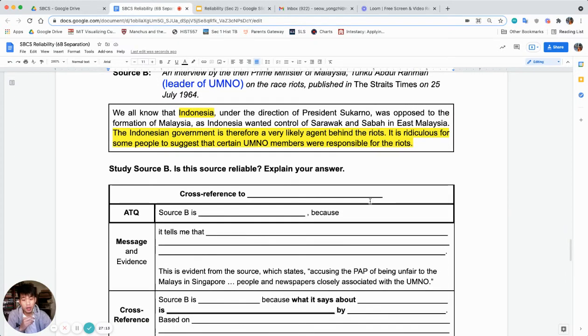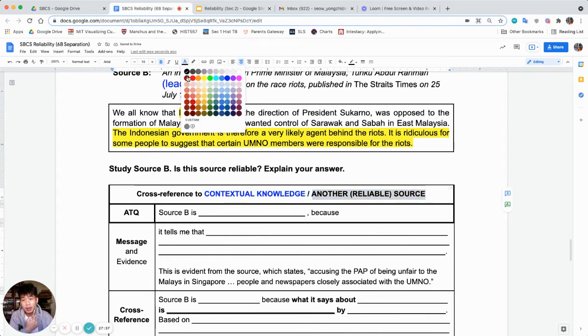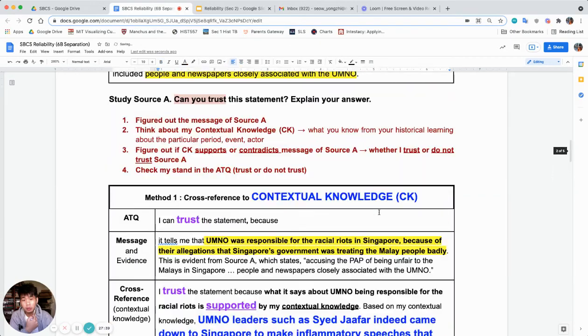So this one, I leave it to you to choose. You can do method 1, cross-reference to contextual knowledge, or you can do method 2, cross-reference to another reliable source. And this time, can I suggest that your other reliable source, you don't pick source A? Why? Because source A is by who?